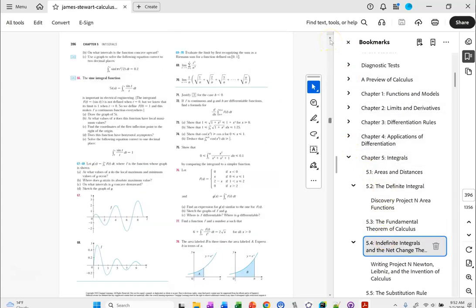Okay, what number in 5.3, Lucia? 69. Okay.